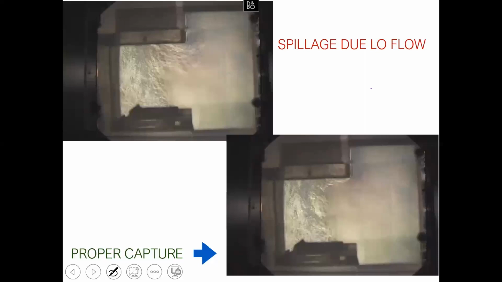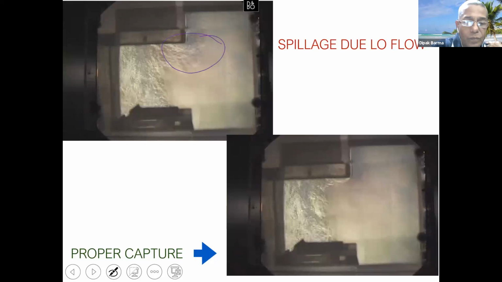Now, with low airflow, you have spillage, where the smoke starts coming out from under the hood. So this is where we have the problem of not being able to contain what we had actually got to come inside, but we are unable to contain it and it starts flowing out. This is what happens with lesser airflow.